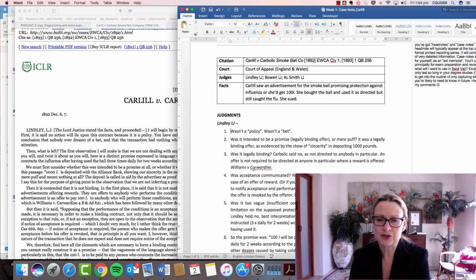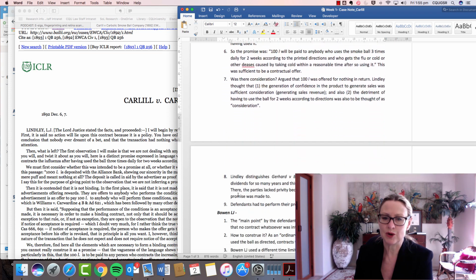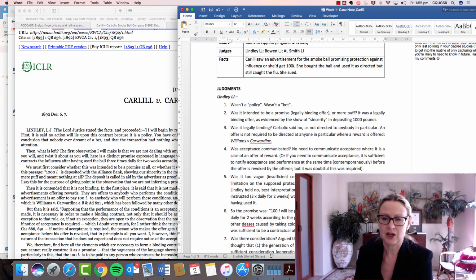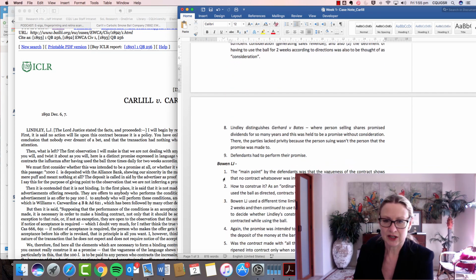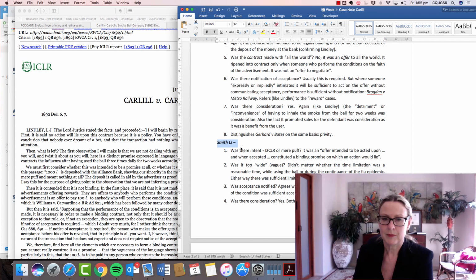And so what I tend to do, and I hope you find this useful also, is that I go through each judge and I list out what I think the main things were that they touched on in their judgment. And then I do that for each judge, so Lindley, Bowen, and Smith.